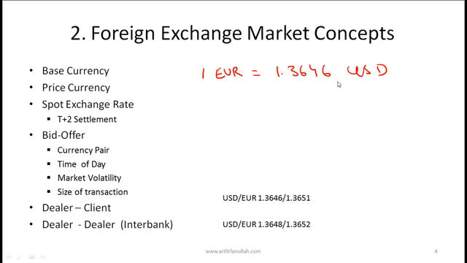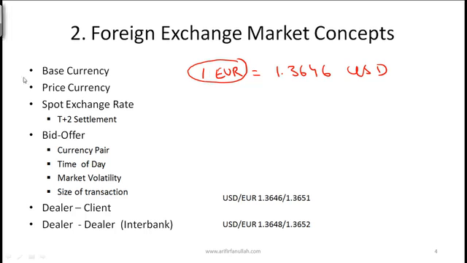So if you are given this information, the first thing that you need to understand is that the currency of which we just have 1 unit, so in this quote where we have 1 euro equal to 1.3646 US dollars, the euro is the base currency because this currency has only 1 unit.